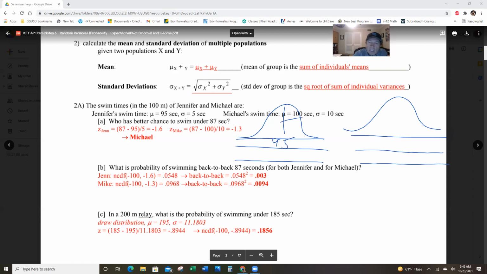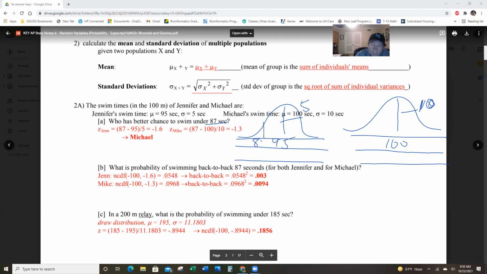Standard deviation is 5. Michael is at 100. He's typically slower, but a standard deviation of 10, which means he can go really slow or really fast. He's very inconsistent. Probably doesn't try very hard. Okay. Now, Jennifer's swim time, they want under 87. Okay. So 87 is somewhere out here.